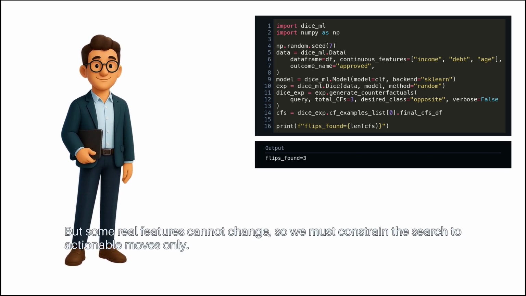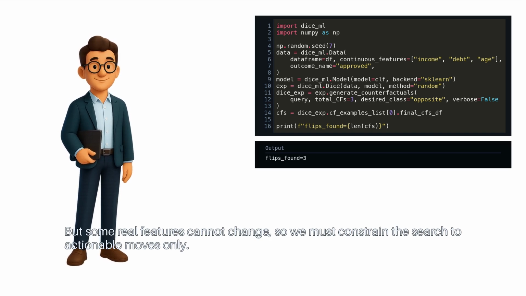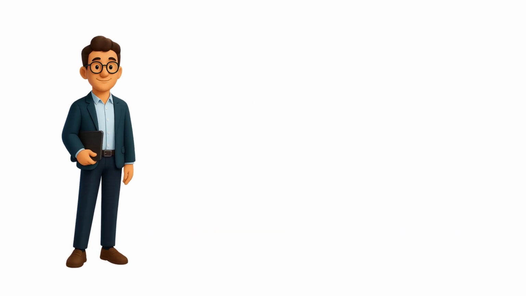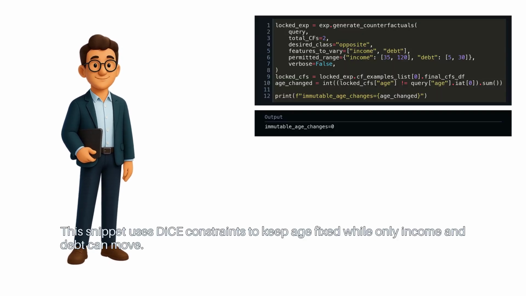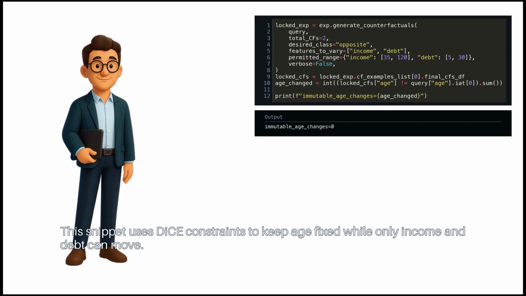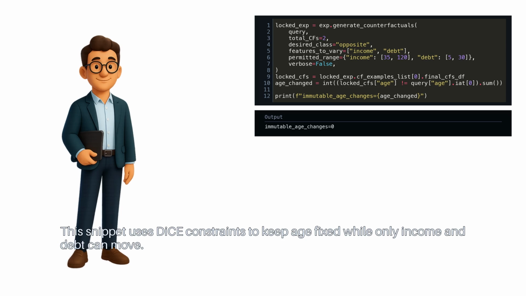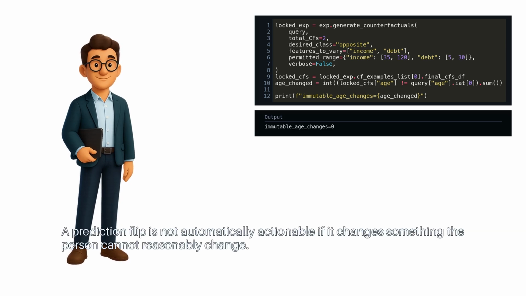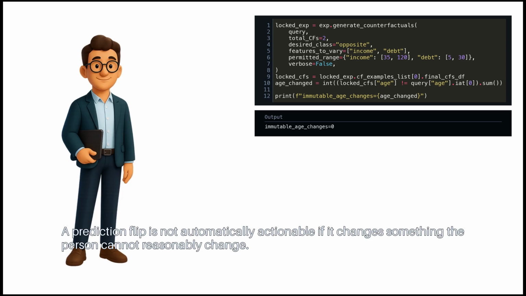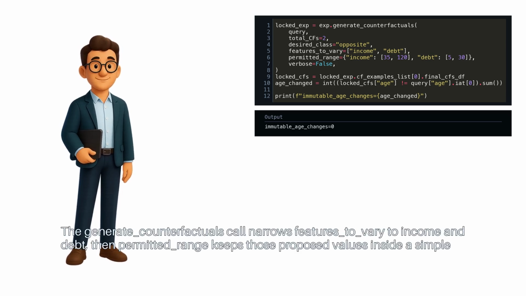But some real features cannot change, so we must constrain the search to actionable moves only. This snippet uses DiCE constraints to keep age fixed, while only income and debt can move. A prediction flip is not automatically actionable if it changes something the person cannot reasonably change. The generate_counterfactuals call narrows features_to_vary to income and debt.